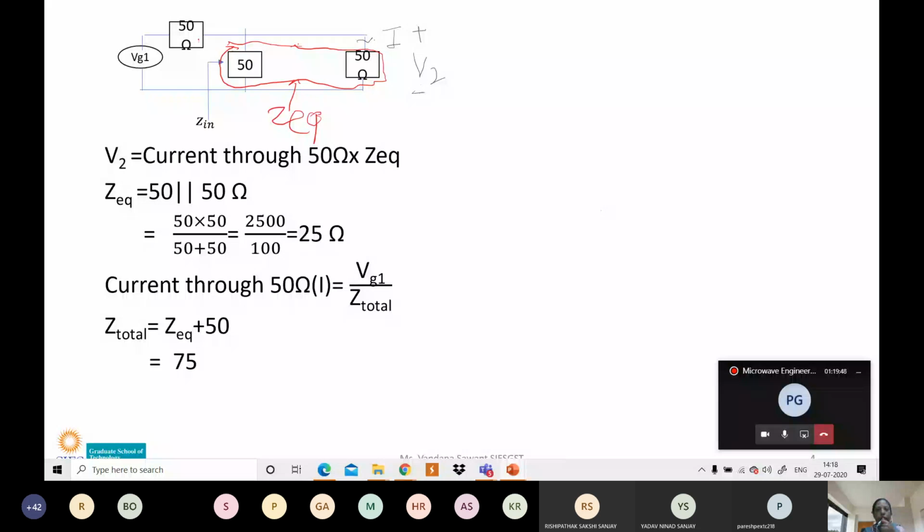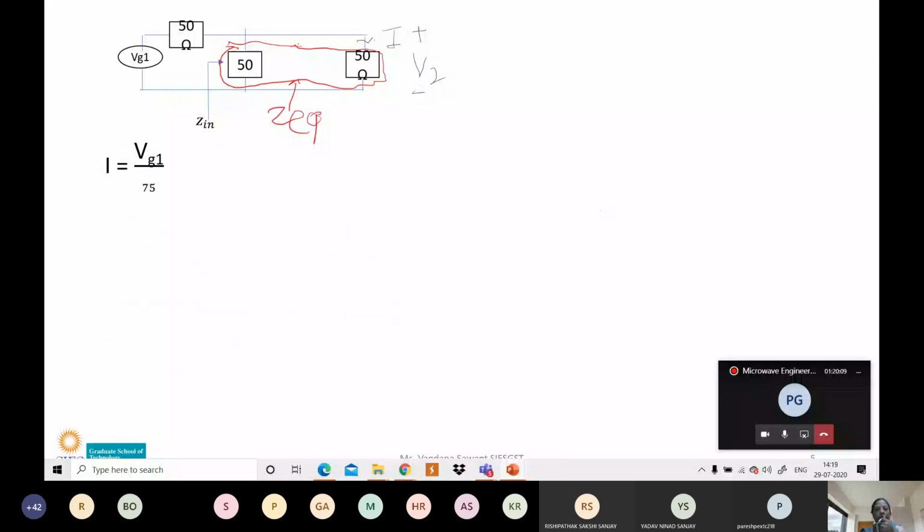Now we know that I, the current through the 50 ohm, is Vg1 divided by Z total. Z total is 75, so I is equal to Vg1 divided by 75. Now V2 is the current into Z equivalent. Z equivalent is 25, so we put the current Vg1 upon 75 multiplied by 25.